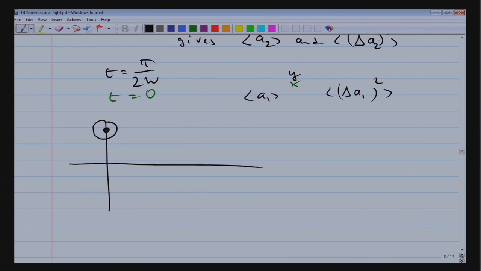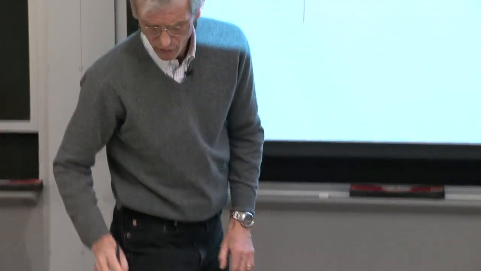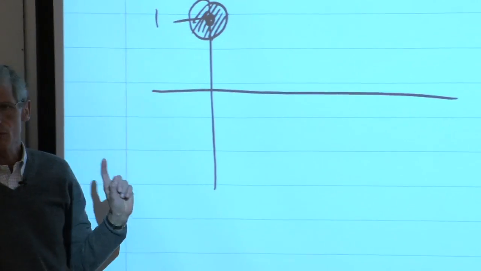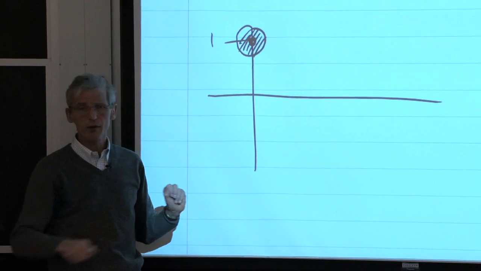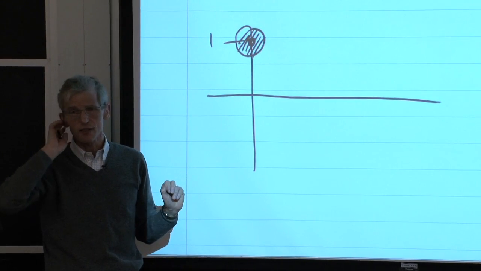This is a coherent state. So this coherent state has now, let me just call that 1 for the sake of the argument. The point would be the classical oscillator. It has just cosine omega t. Everything is deterministic, no uncertainty, no nothing.